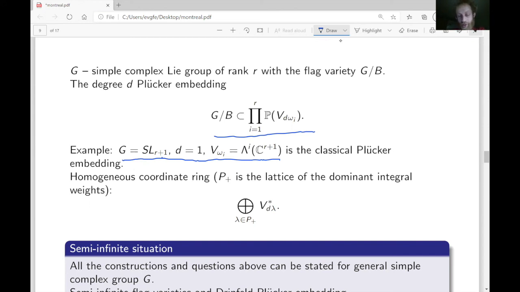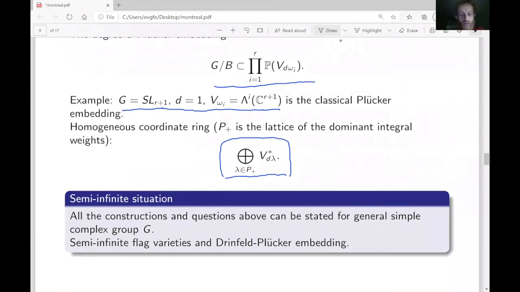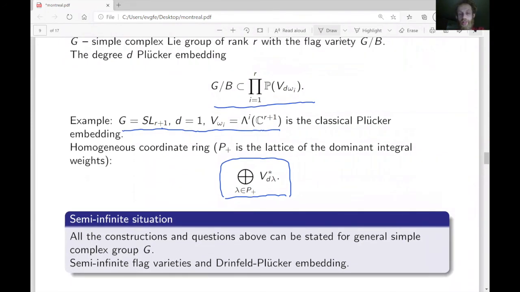And the homogeneous coordinate ring is in a similar way described by this direct sum. So again, this is the classical stuff. And what I just wanted to say is that these semi-infinite definitions are valid in this general situation. I'm not sure I can get into the general answer in full detail, but at least I assure you that the general G case is also very natural here and can also be worked out.